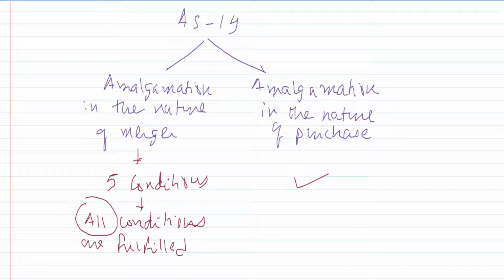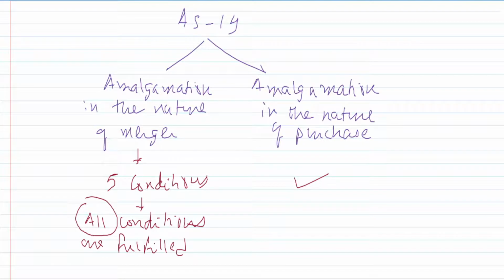In AS14, whenever we read the question, we should be able to identify whether it is amalgamation in the nature of merger or amalgamation in the nature of purchase. Because the method of accounting under AS14 will depend upon the type of the amalgamation.